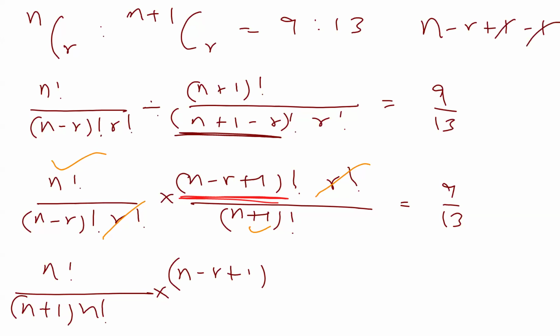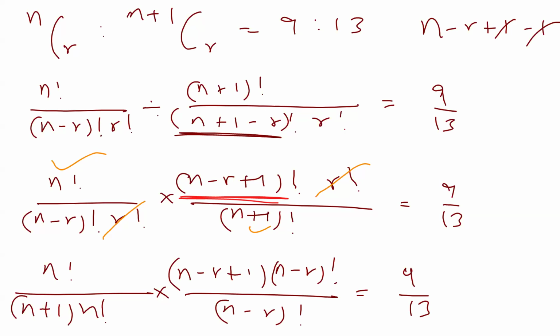So plus 1 minus 1 is gone. I'll stop over here because we got N minus R. 9 upon 13. Okay. So now what we will do is cancel out (N minus R) factorial and N factorial. So we get (N minus R plus 1) upon (N plus 1).